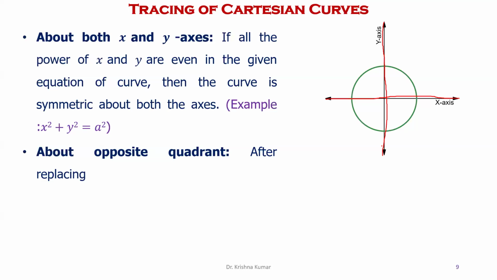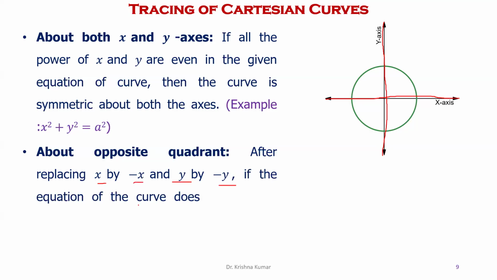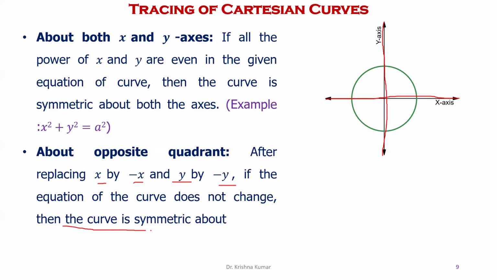About the opposite quadrant: after replacing x by minus x and y by minus y, if the equation of the curve does not change, then the curve is symmetric about the opposite quadrant. Let us take one example, xy equal to c square. If we replace x by minus x and y by minus y, then minus x into minus y is again xy, which is equal to c square.